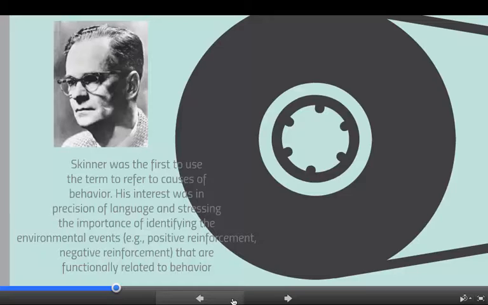He showed us the impact of negative reinforcement, the deletion of something or the taking away of something that also accelerates behavior. And he showed that through his basic research and his research findings. But he was the first one to begin talking about causes and function of behavior as it related to the environment.